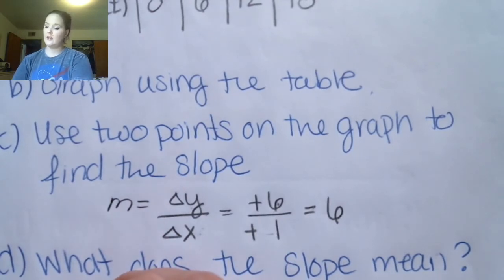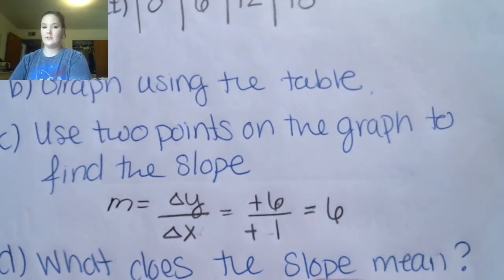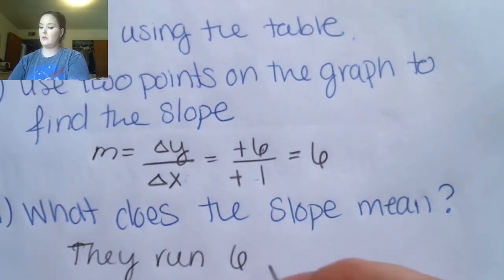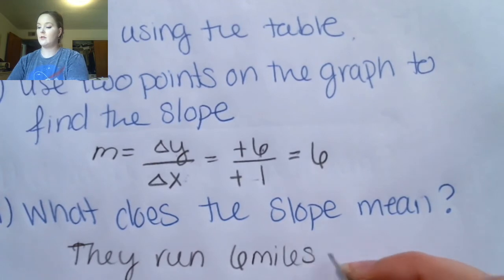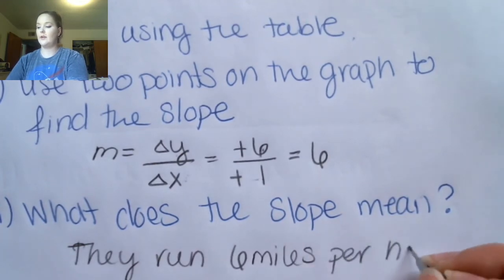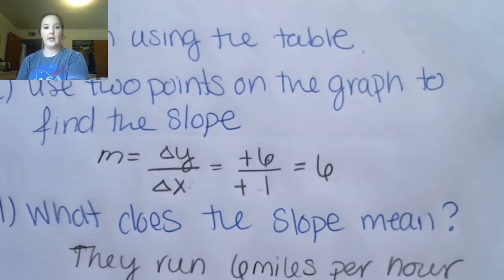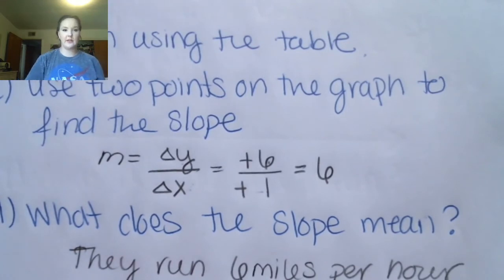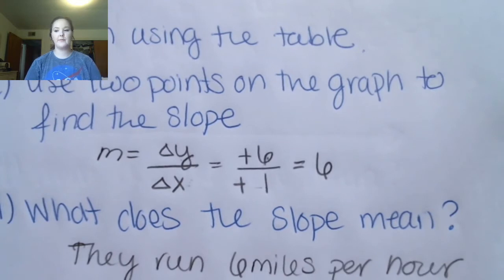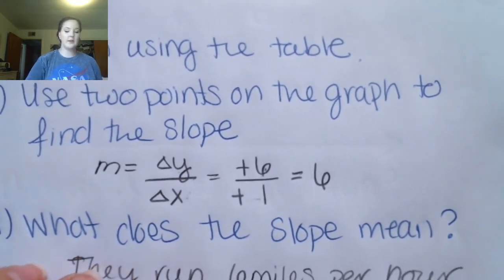We would say they run 6 miles per hour. Right, their hourly speed, 6 miles per hour. All right, so there are some applied examples.